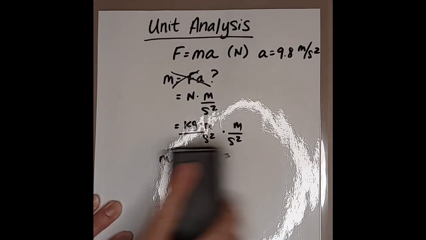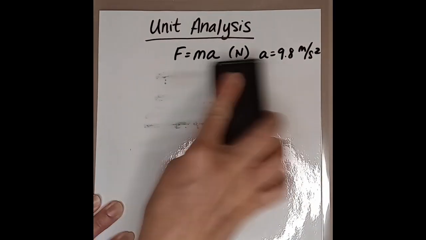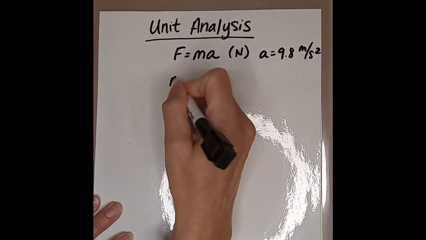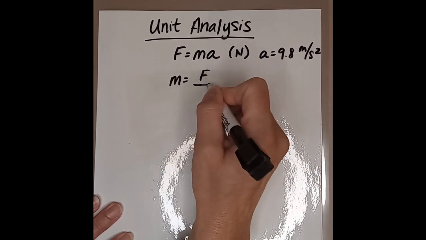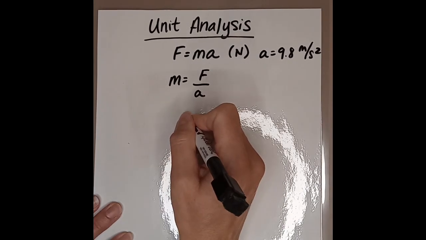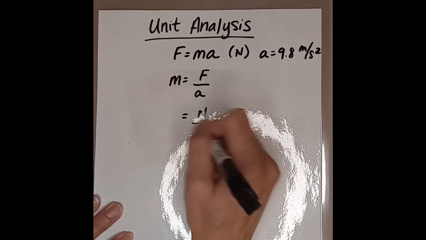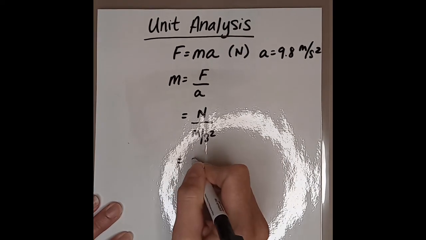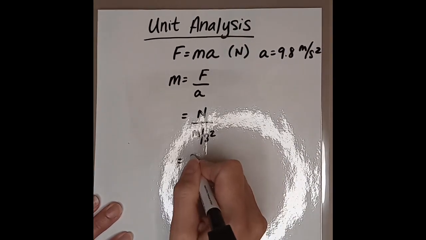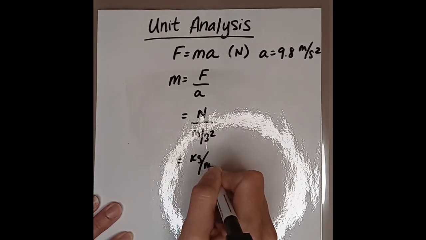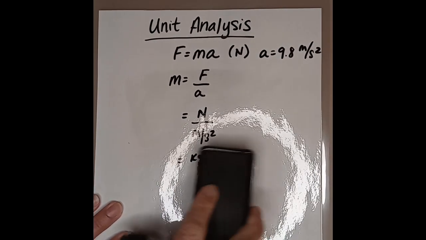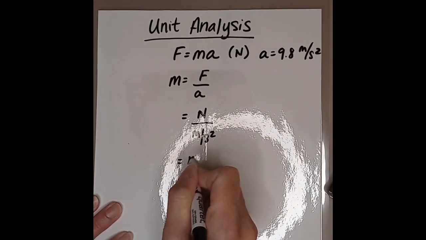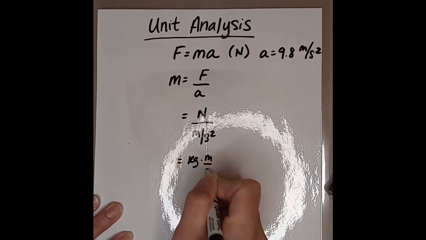So we can try again, solving for mass. Our units here would be a newton per acceleration. And again, a newton is a force, so that's kilogram times meters per second squared.